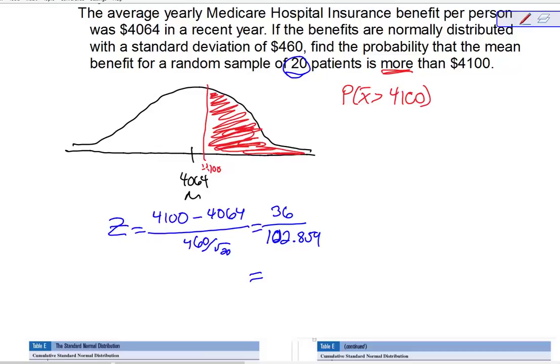I do the division, 36 divided by 102.859, and I get 0.34999, which when I round that z value, that's going to be 0.35. So this is the same thing as the probability that z is greater than 0.35.